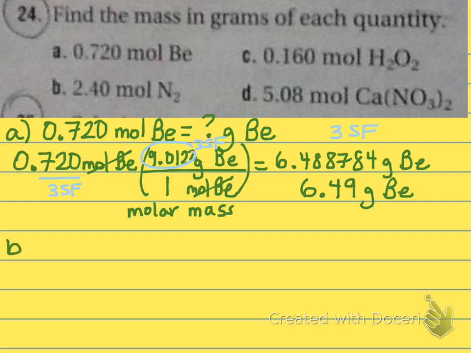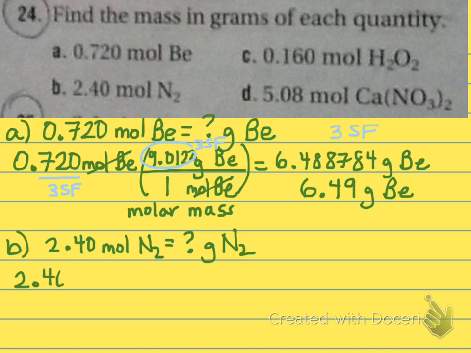All right, looking at letter B. This one is asking me to take 2.40 moles of nitrogen gas and figure out how many grams of nitrogen gas I have. Again, I have a tool that has moles and grams in it. It's my molar mass. So again, I'm going to start with my given, which is the 2.40 moles of nitrogen. Moles of nitrogen have to go on the bottom, so they'll cross out.